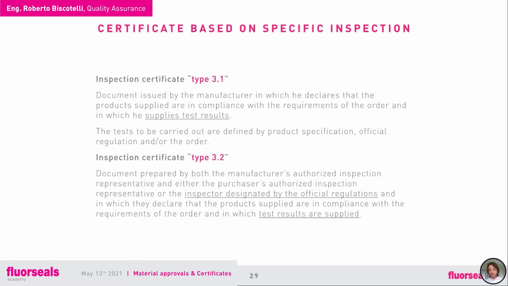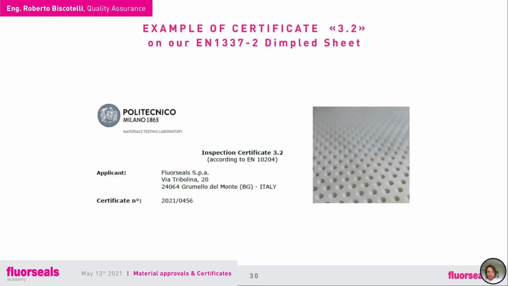This is a kind of certificate that we issue with our dimple sheets, which are part of the sliding element of a structural bearing. As I've already said, the EN 1337 requires that every material needs to come with a 3.2 certificate.